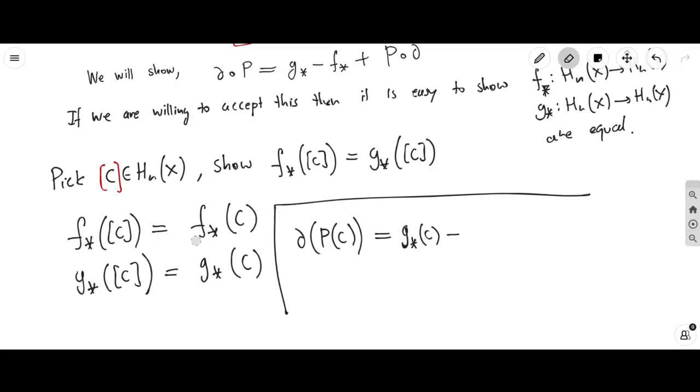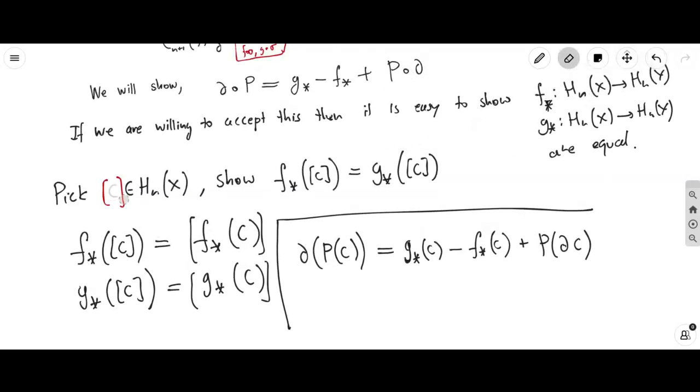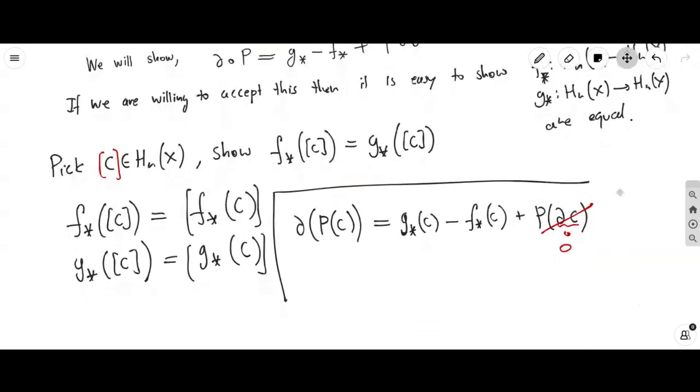F star applied to this class is F star applied to C, but it's then the homology class in Y. So I forgot to put in the classes here. And then you would have F star applied to C plus P boundary of C like this. Now, here's the whole point. What are we assuming? C is in the homology. It's a homology class. So by definition, C has no boundary. This is 0. So this drops off. This is specifically because if it's in the homology, by definition, it has no boundary. It's a cycle. So it drops off.